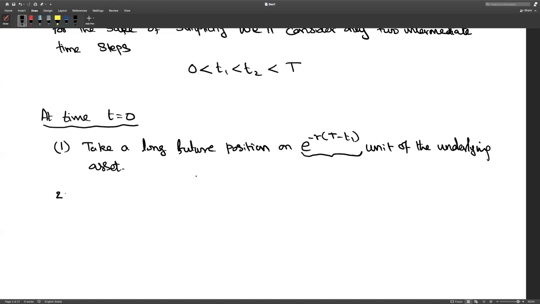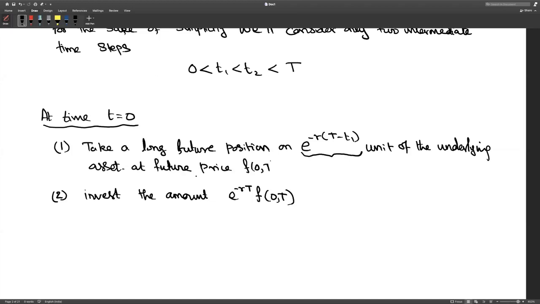And then the next step is to invest an amount of e to the power of minus rT into the risk-free asset. When you are taking a position on the underlying asset at future price f(0, T), it comes with no cost, right? Because future is also a non-contingent claim, therefore there is no cost involved in it.